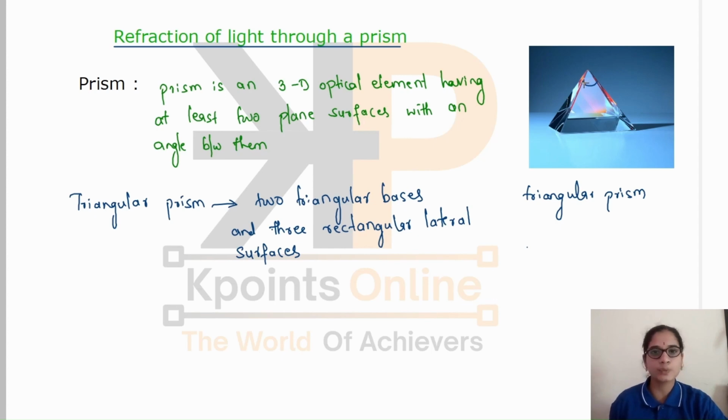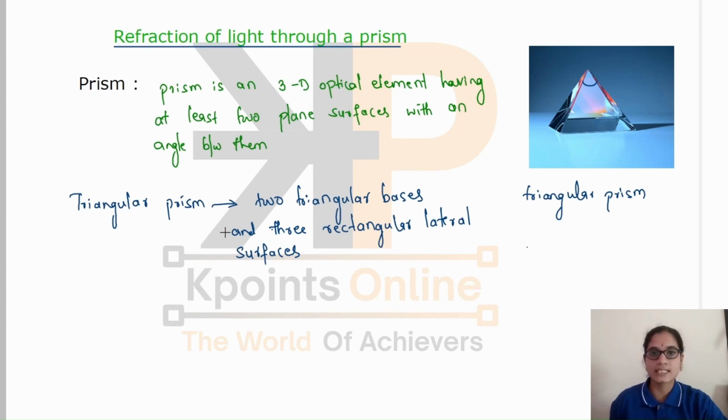On the back side also we have one more triangular surface, and by the side you are going to see the rectangular surfaces on this side and on this side, and also at the bottom of this prism we have a rectangular surface. So overall we have two triangular bases and three rectangular surfaces. This is about the triangular prism.